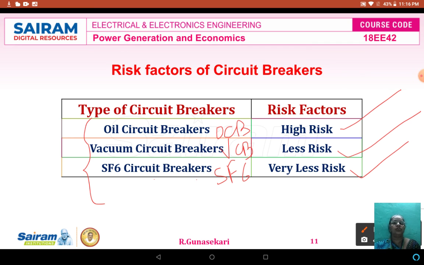As I told in the previous slide, based on reliable operation, the risk is less and very less. That's why the vacuum circuit breaker and SF6 circuit breaker are mostly used nowadays. These are the widely used circuit breakers based on their risk factors.